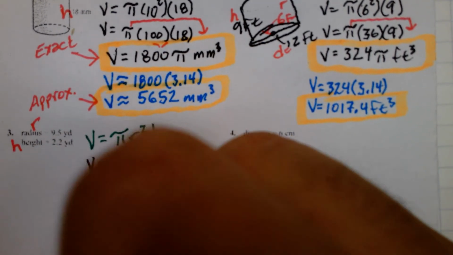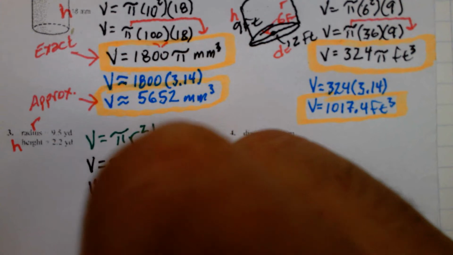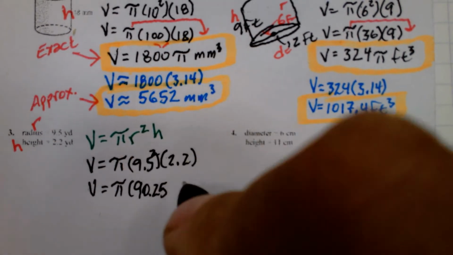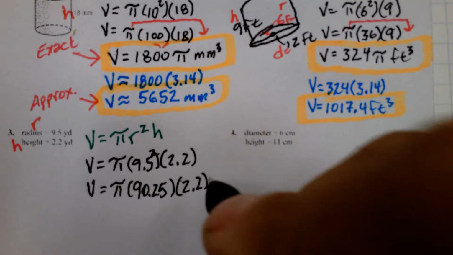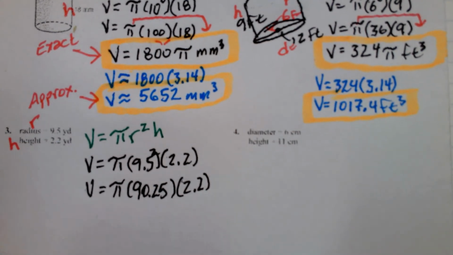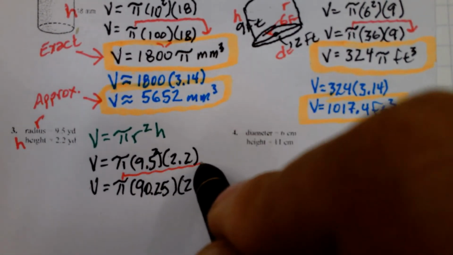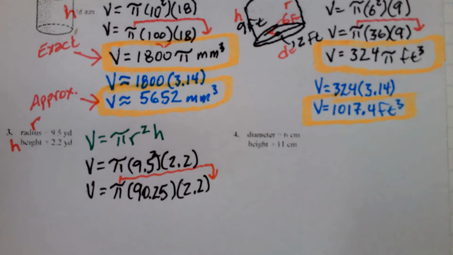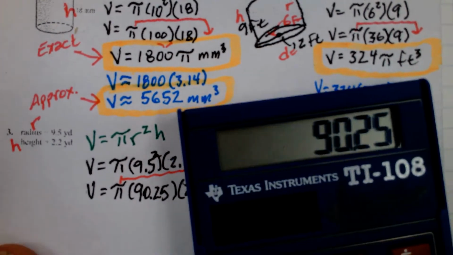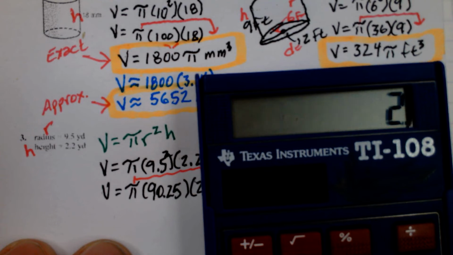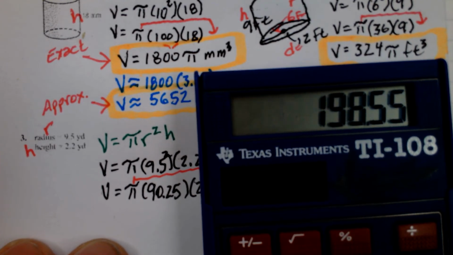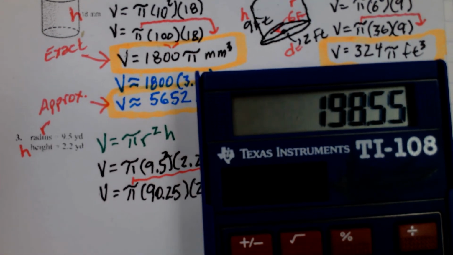Let me just write all that down. Pi times 90.25. And then we're going to multiply times 2.2. Okay. So for the last part, move pi all the way to the end. Multiply 90.25 times 2.2. And this is the answer I get. 198.55. Is that the answer I want to write?